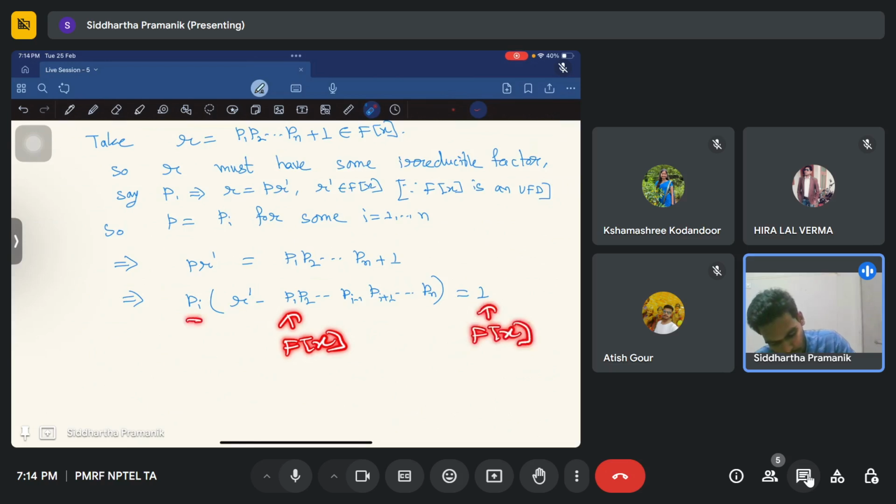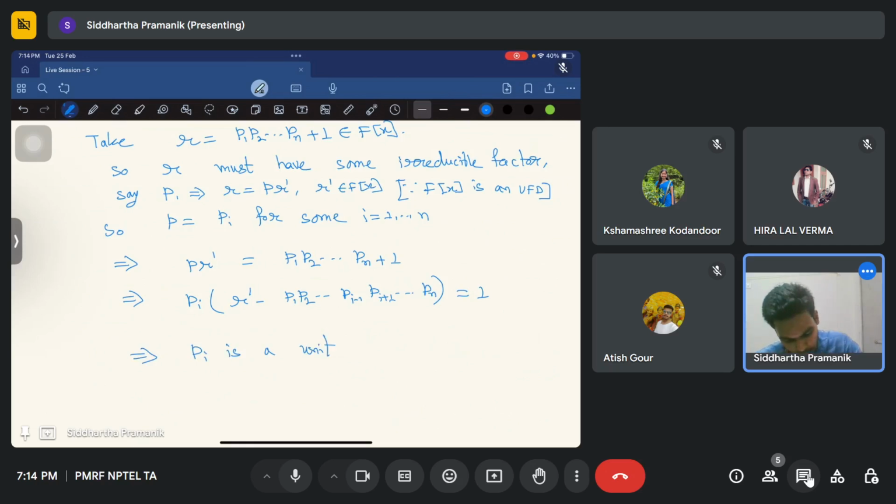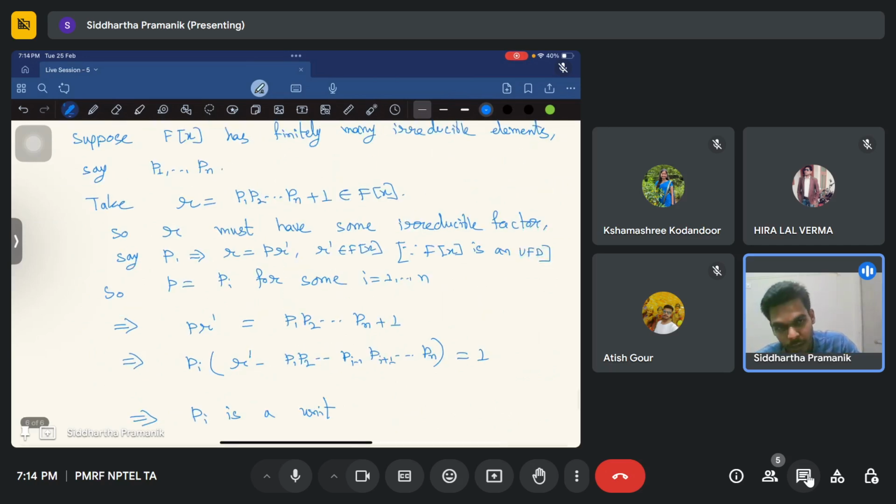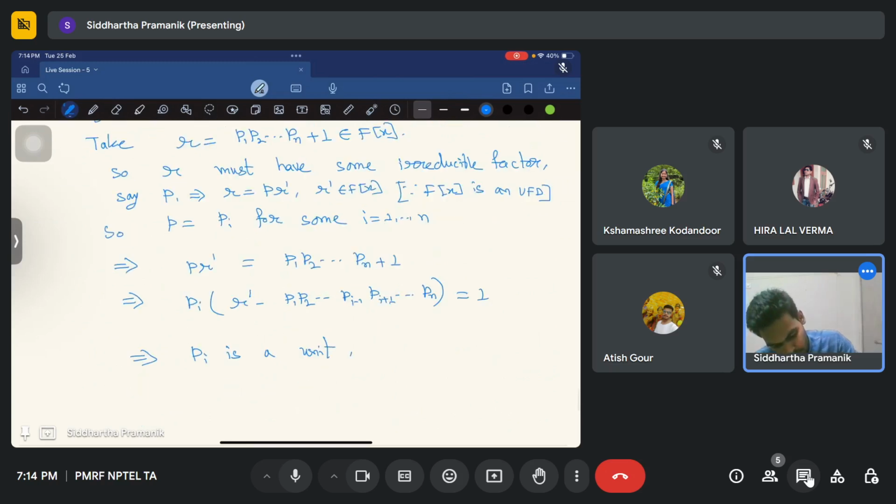So product of two elements is 1. So that means this element must be a unit. So pi is a unit. But pi is an irreducible element, right? So this cannot be a unit. So this is a contradiction.